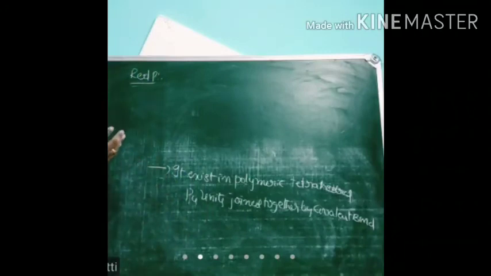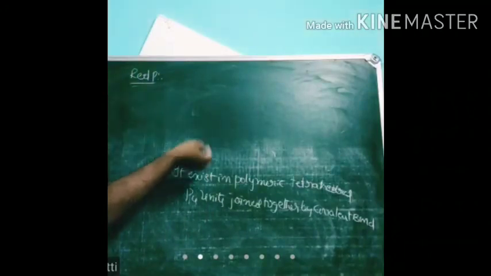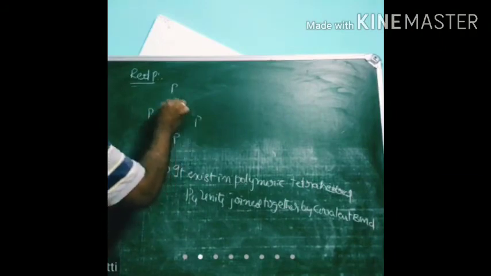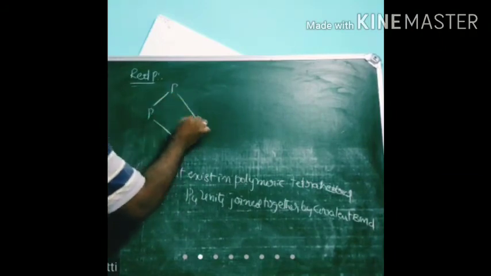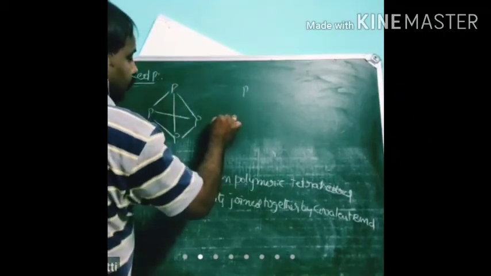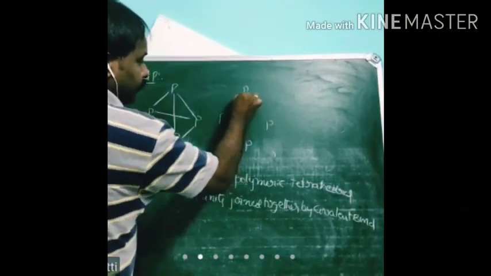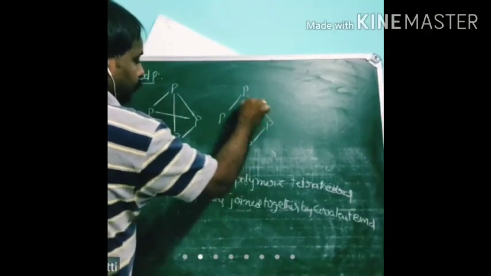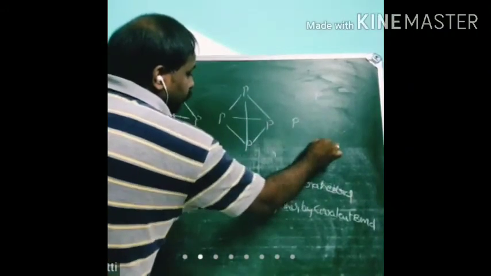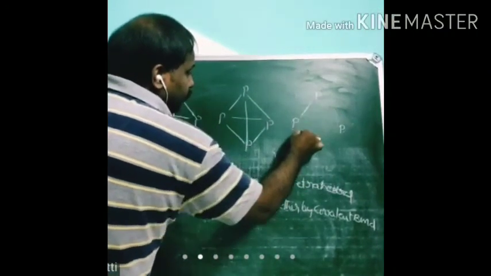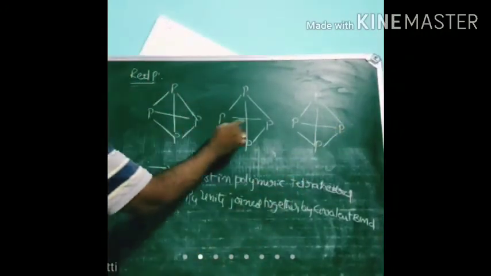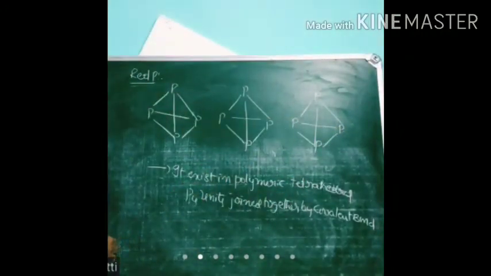In the case of white phosphorus, discrete P4 molecules are there, and between them there are weak van der Waals forces.